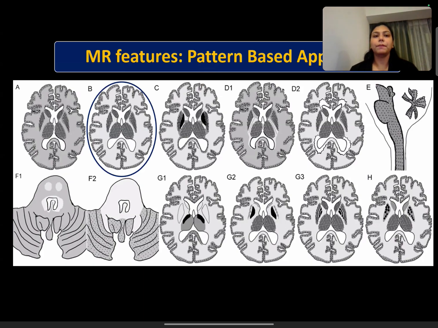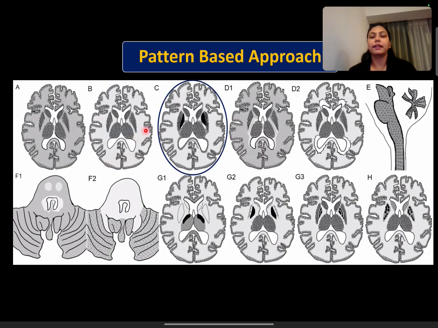So there are different patterns. We consider this as a T2 weighted image where we are seeing hyperintense signal of the entire white matter, and this is the first pattern. This pattern is diffuse hypomyelination. Apart from this, the other pattern can be when there is diffuse hypomyelination, but there is sparing of certain white matter structures.